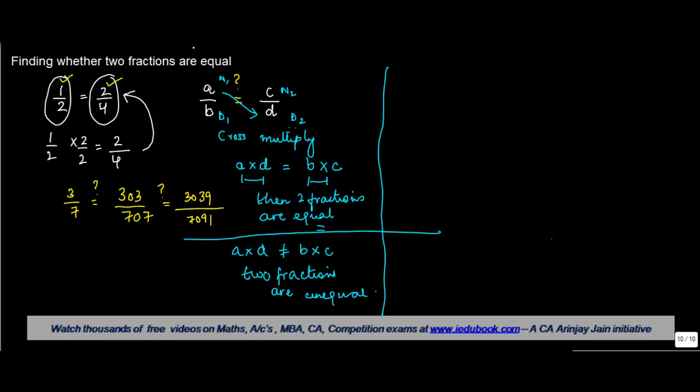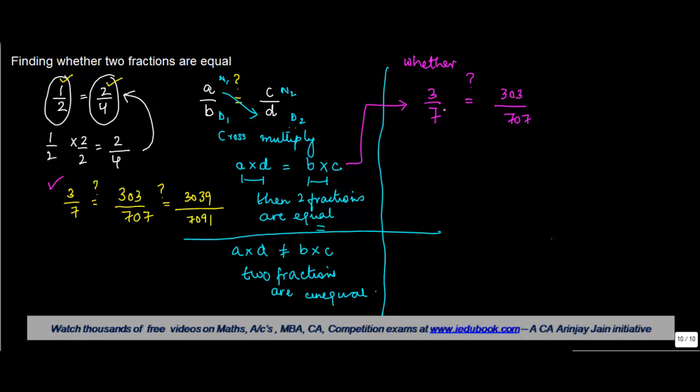Let me take one example each, in both these cases, to see if this holds true. So let's say you have a fraction 3 upon 7, the same example I took here, and the other one is 303 upon 707. The question is whether 3 upon 7 is equal to 303 upon 707.